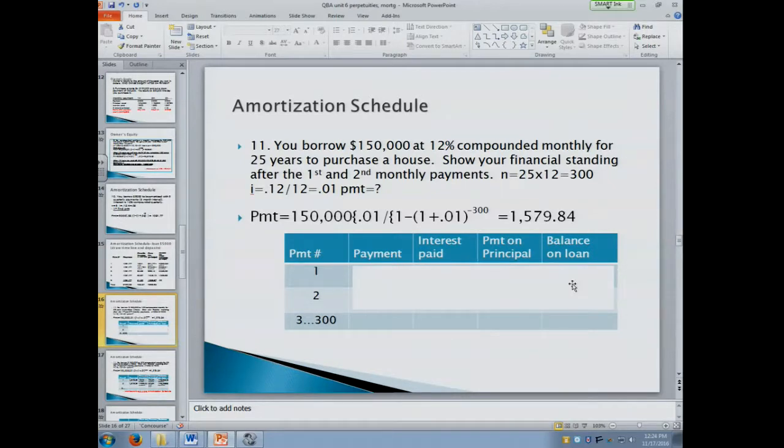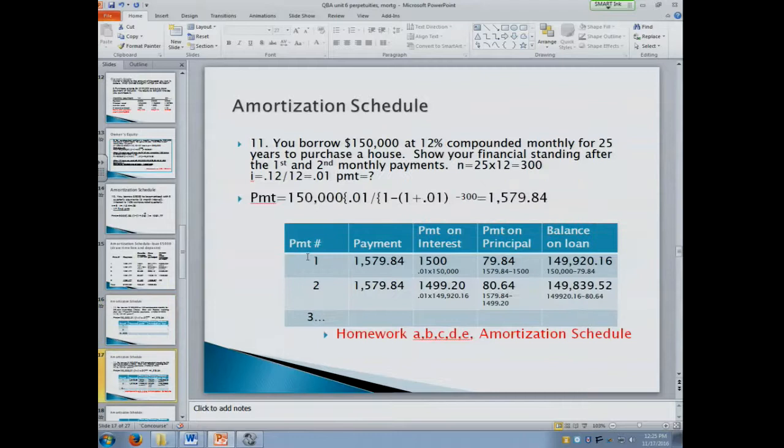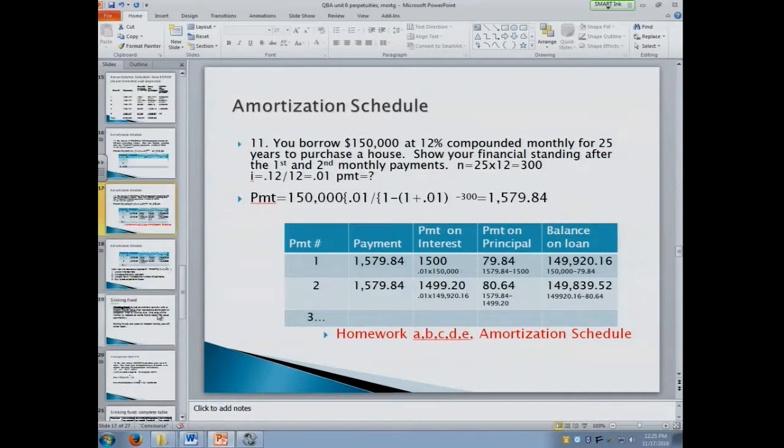And after you do that, I would like you to check your numbers with the link on your Excel project. Go to amortization schedule, Google it, and put in these facts and confirm. And here is my results. You can confirm my results are correct. You will have to do this on a test.